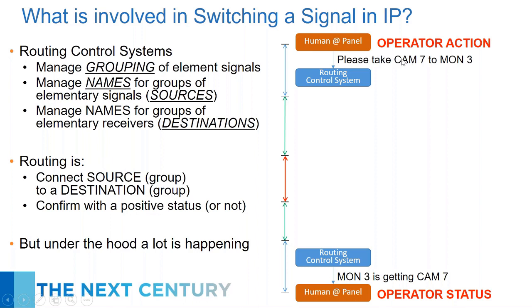It says, take camera 7 to monitor 3. And then something happens, presumably the route happens, and then the control system gets back to that human or that automation system and says, hey, monitor 3 is getting camera 7 now. And so the operator initiates the action, the operator gets a status back that says, yep, I did that. And that's the human interface to the system.